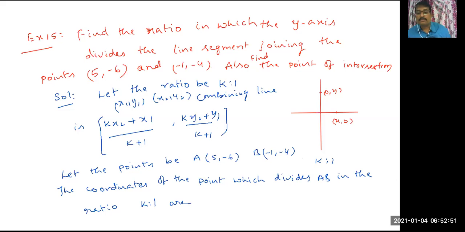Here x1 y1 is 5 comma minus 6. Next x2 y2 is minus 1 comma minus 4, and the ratio is k is to 1.